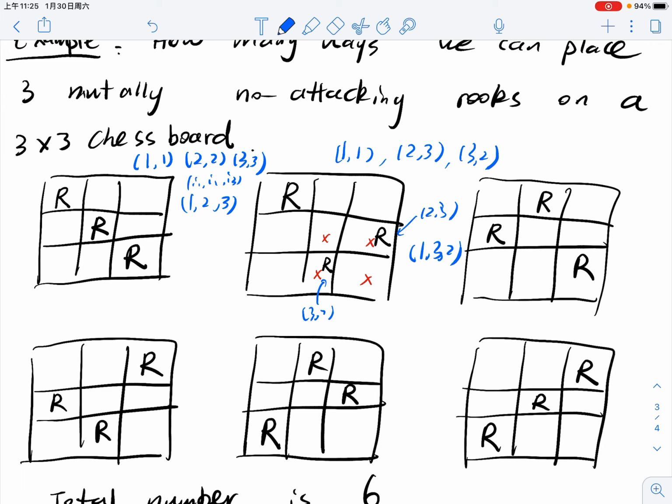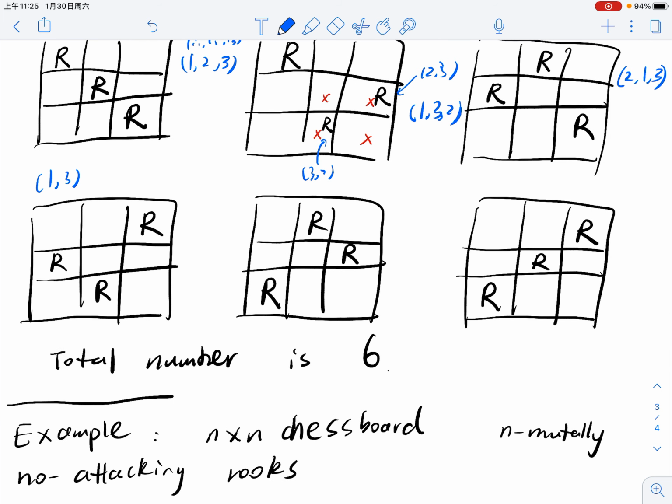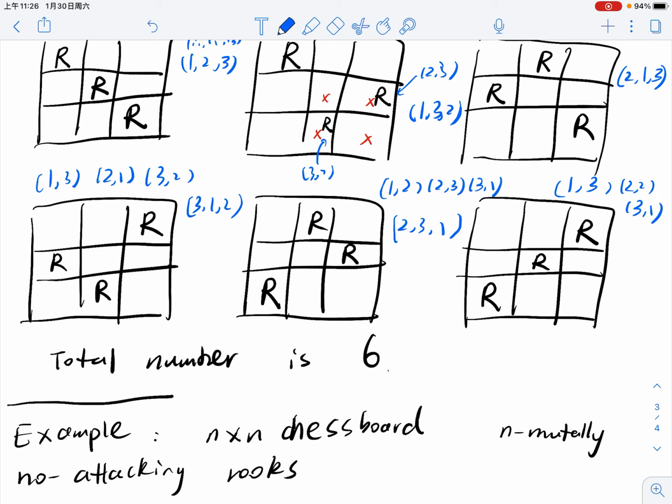And the next one is 1,2; 2,1; 3,3. So it's 2, 1, 3. And then you have the others, and the last permutation is 3, 2, 1.